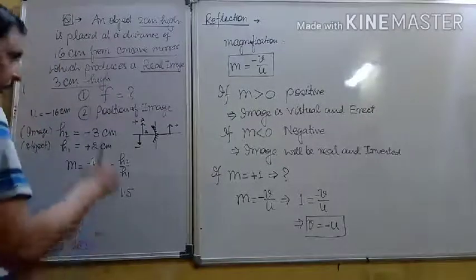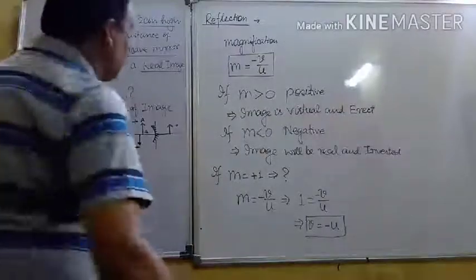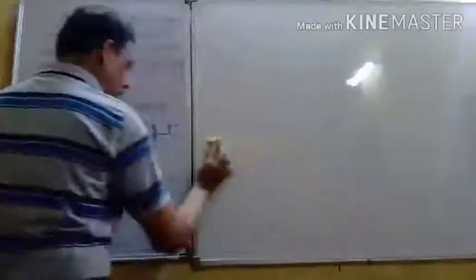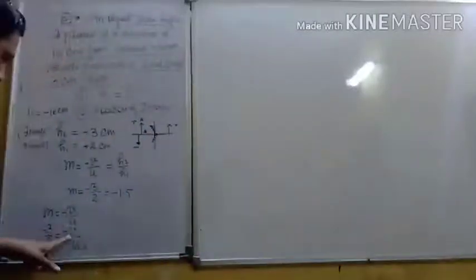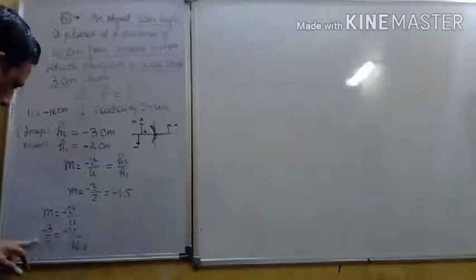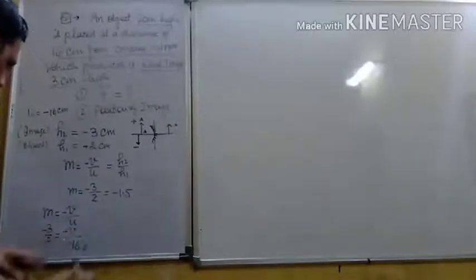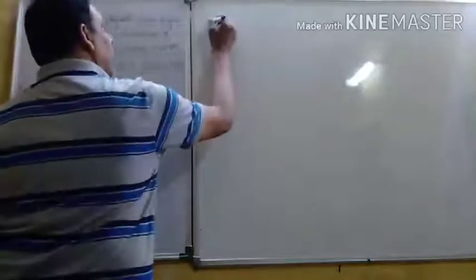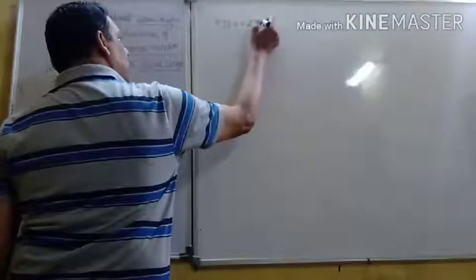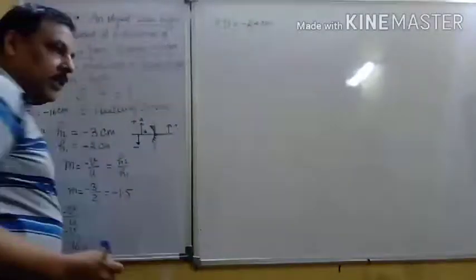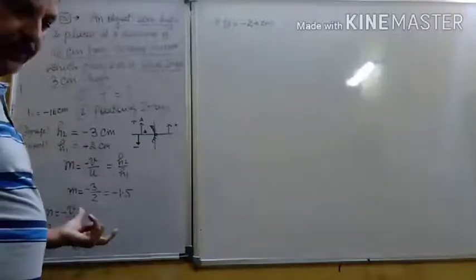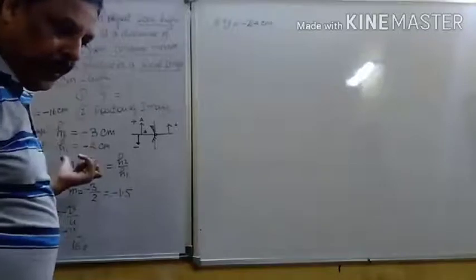From here we can find the value of the image distance. Negative sign cancels negative sign. Then v comes out to be -24 centimeters. This is the position of the image.